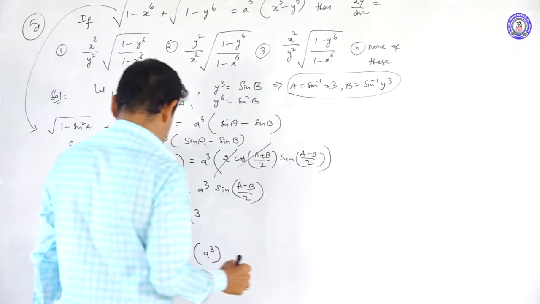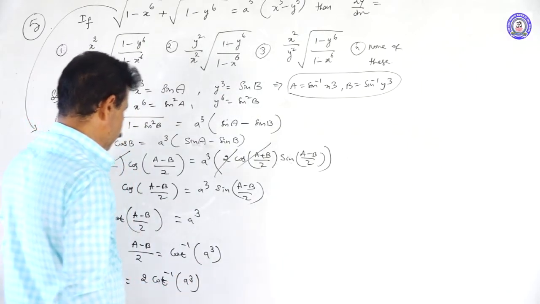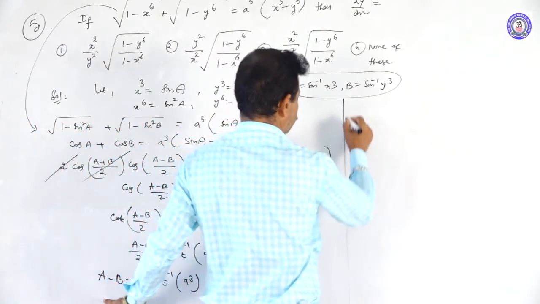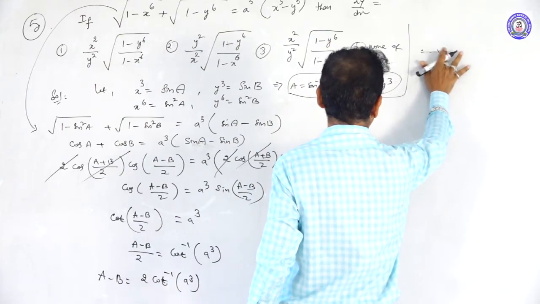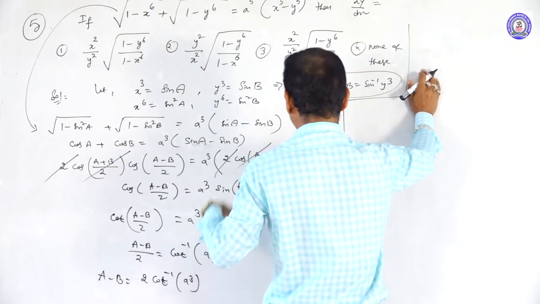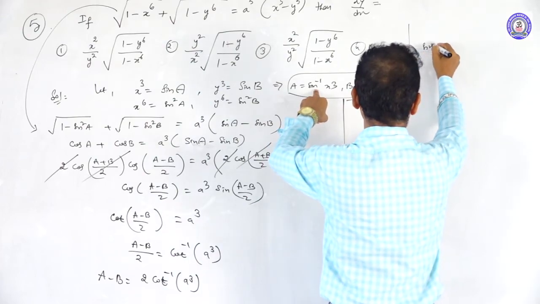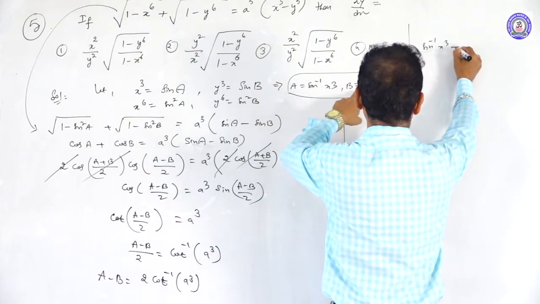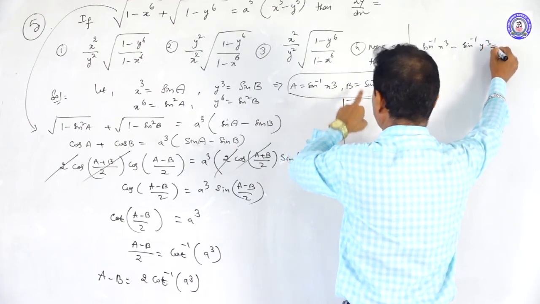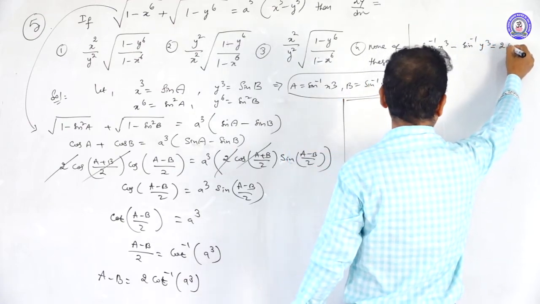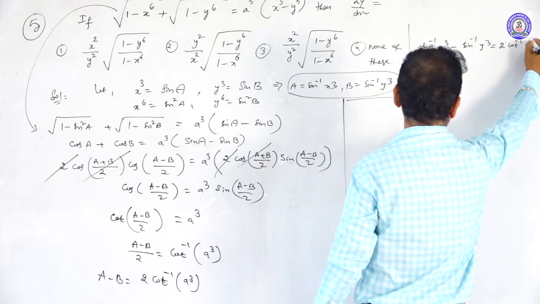We apply here: a minus b is nothing but sin inverse x cube minus sin inverse y cube is equal to 2 cot inverse of a cube.